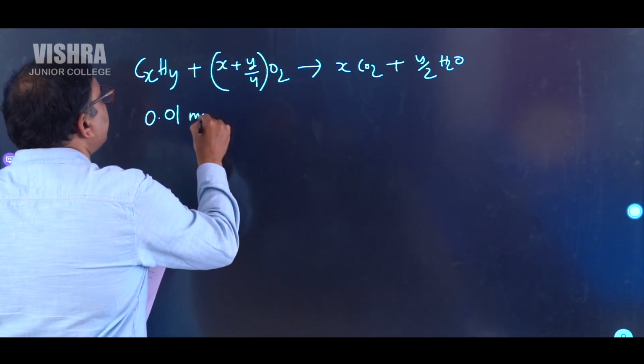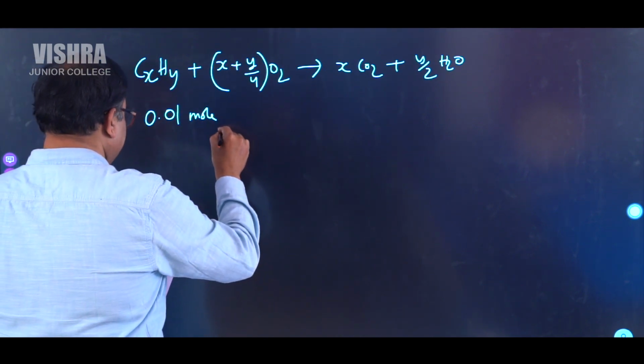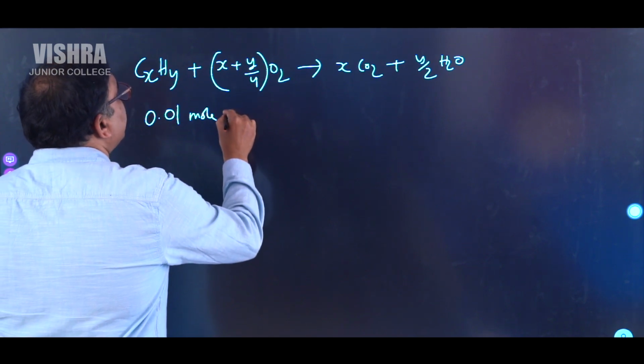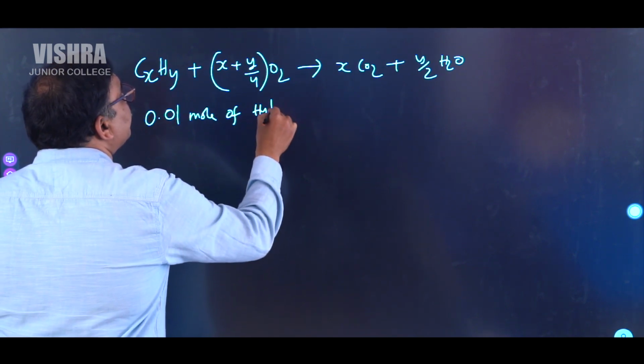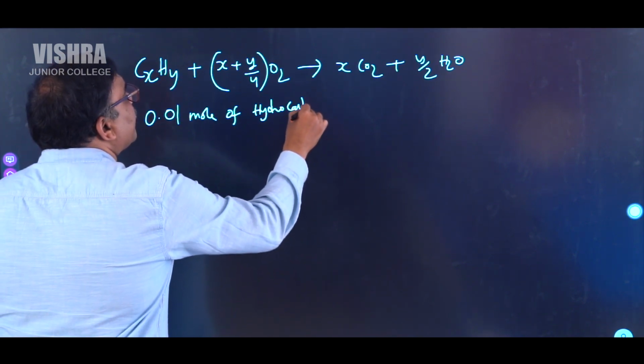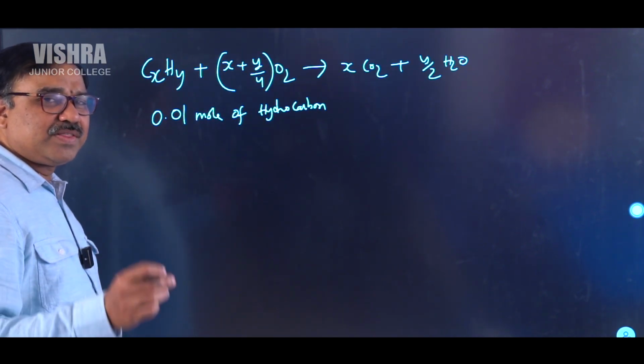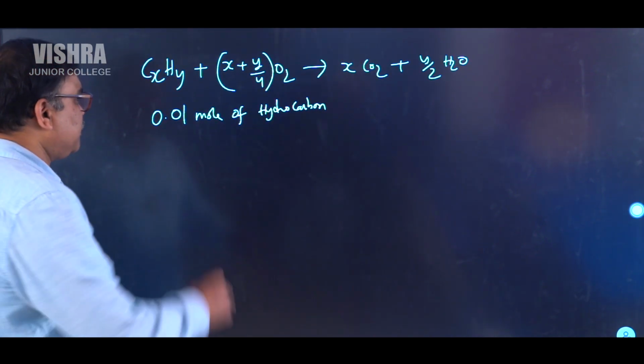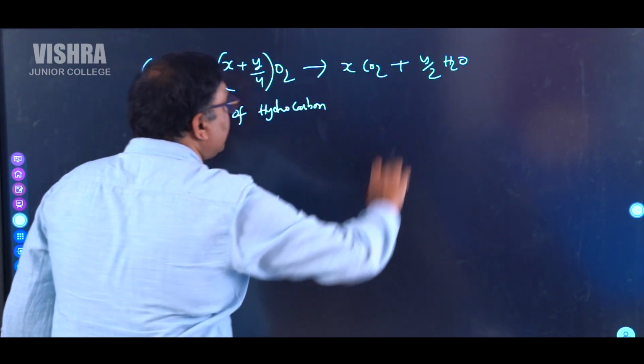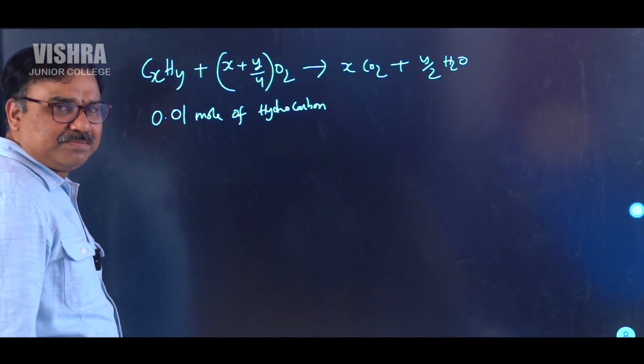0.01 mole of hydrocarbon. This 17th question is an organic chemistry question based on the combustion of hydrocarbon. So this is the general equation for combustion of hydrocarbon.